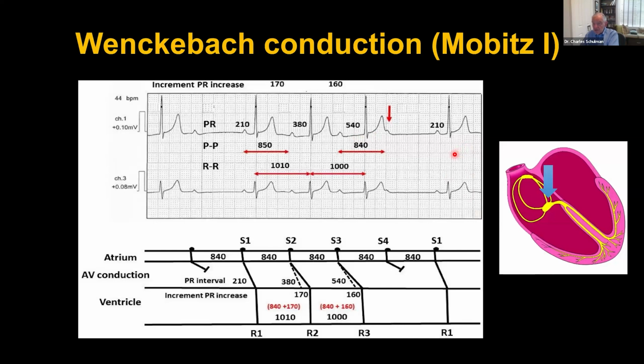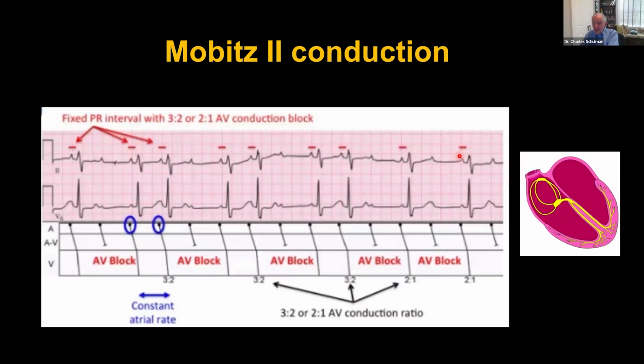It's a matter of functional refractoriness. On the other hand, Mobitz 2 conduction is all or nothing. It either conducts or it doesn't conduct. And the PR intervals are all the same. And that's because it takes place in the His-Purkinje system.